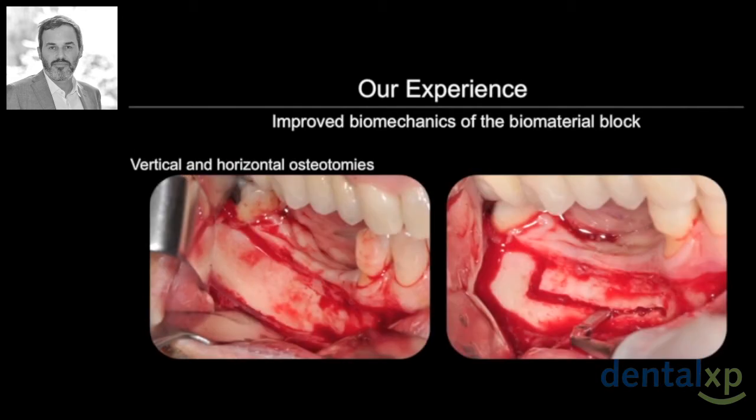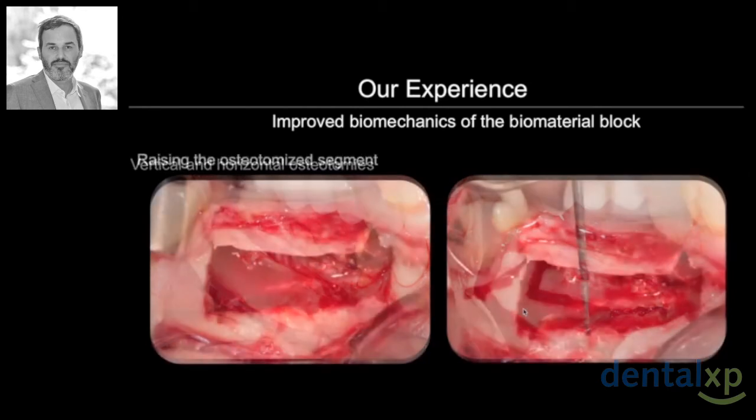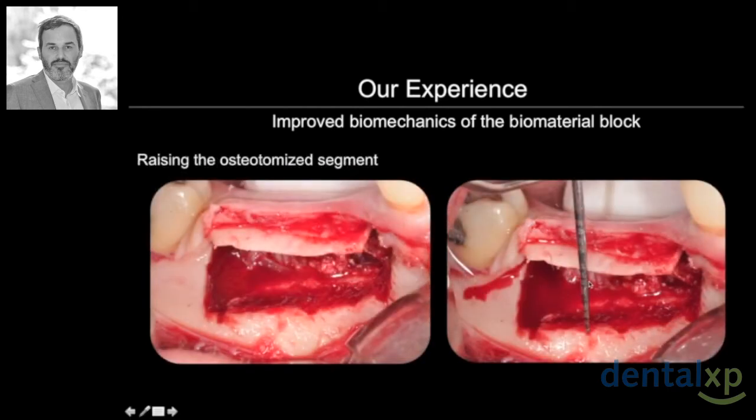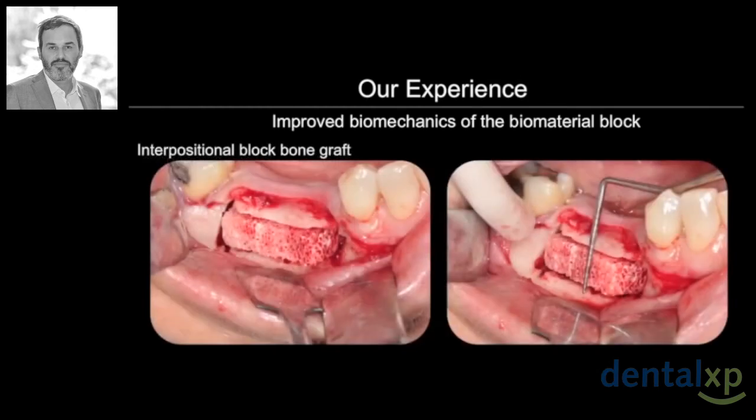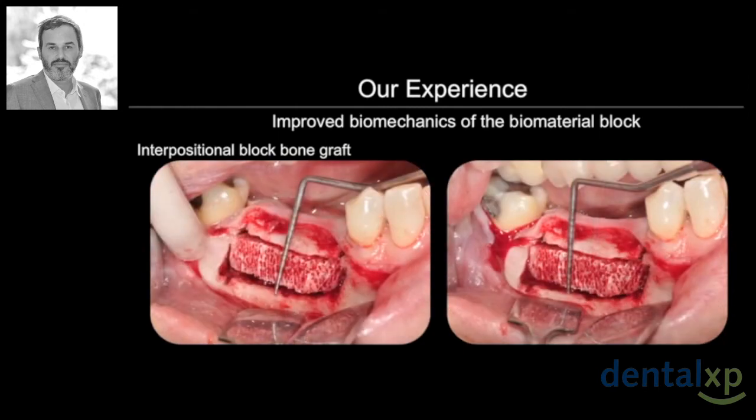We do the inlay technique, the same technique, 2 vertical and 1 horizontal osteotomies, raising the transport segment and using a collagenated cancellous equine bone block. We position it and look at the good increase.